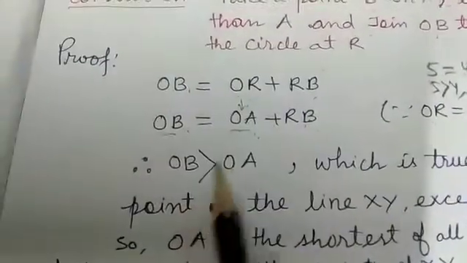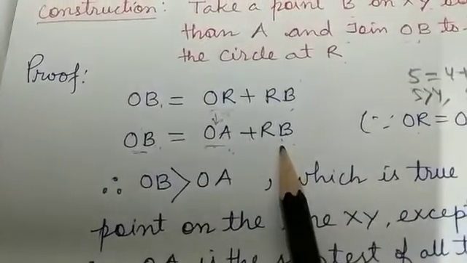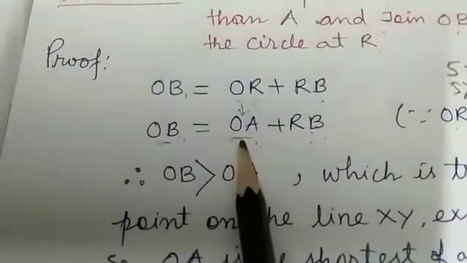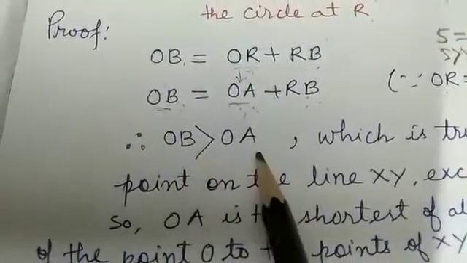This is what I am using here. So OA is smaller than OB, and even RB is smaller. Since we need OA as a part to prove it, I have taken OA. So OA is smaller than OB, or OB is greater than OA.